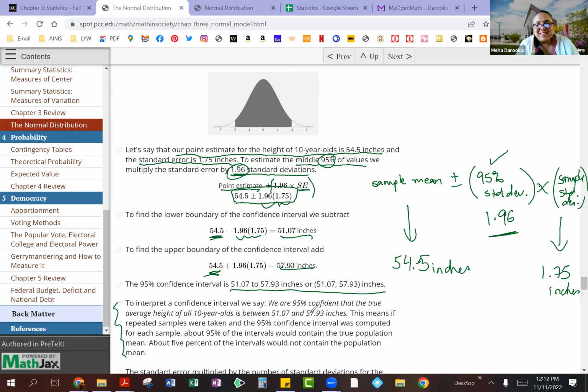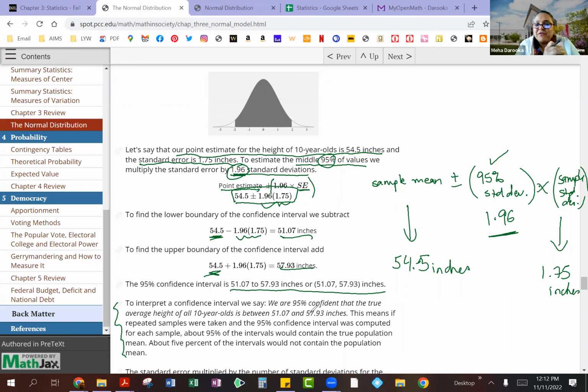And then you can see they're talking about if you did repeated samples of those groups of 25 kids, and the 95% confidence interval was calculated for each of those samples, then about 95% of the intervals would contain the true population mean, whatever that comes out to be.